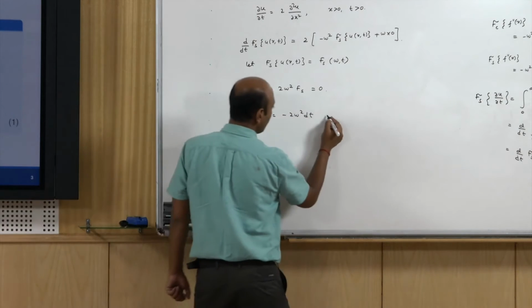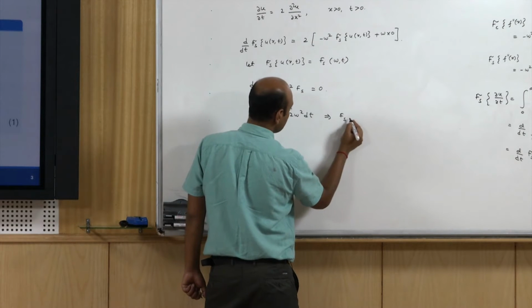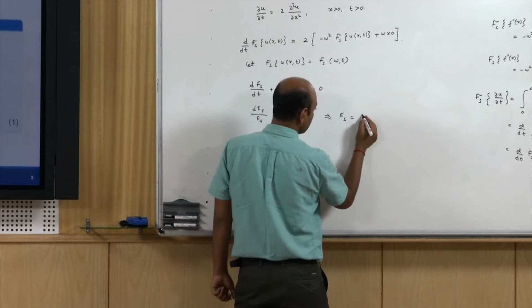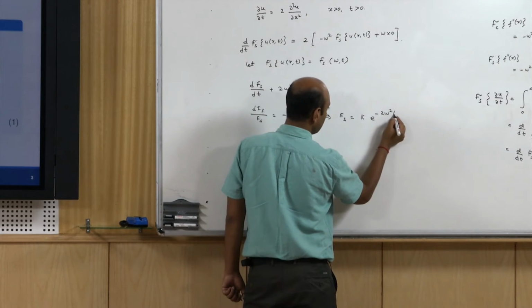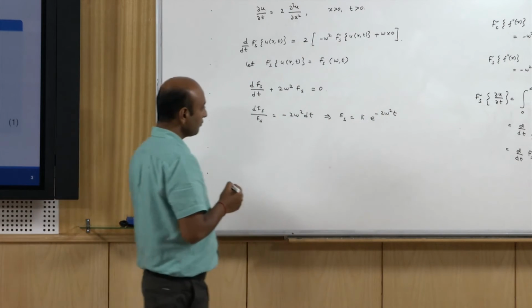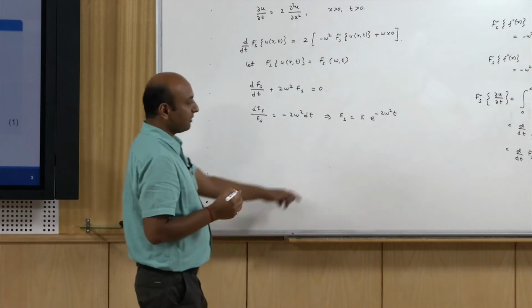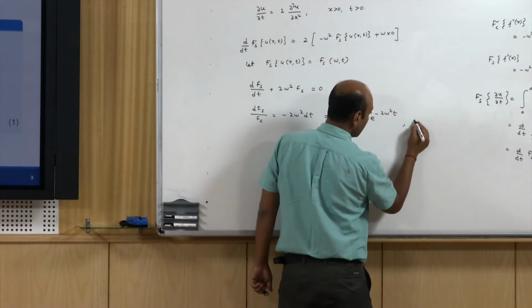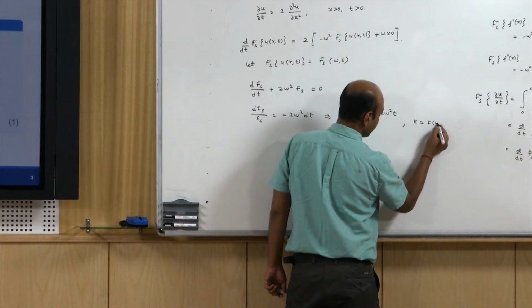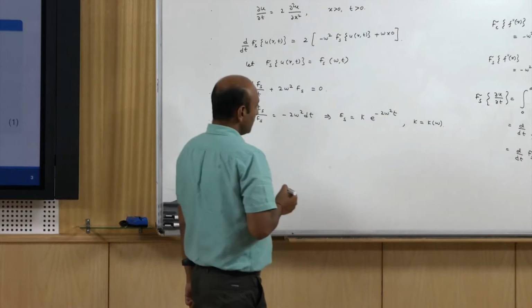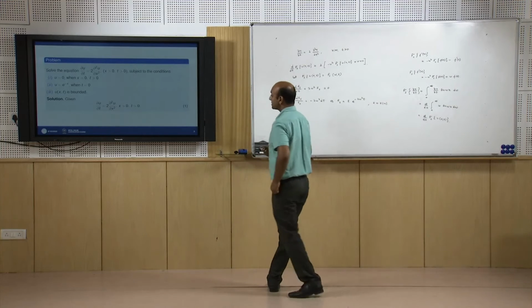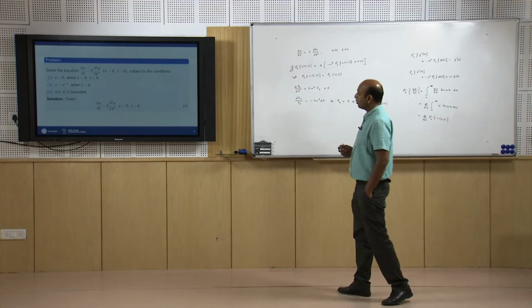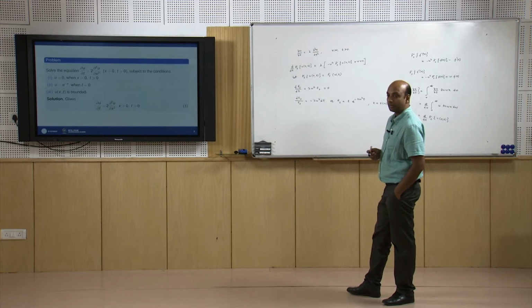When we integrate both sides, F_s is obtained as k times e to the power minus 2 omega square t. Again, this k will be a function of omega. Now we have the next condition, where when t equals 0, u equals e to the power minus x.